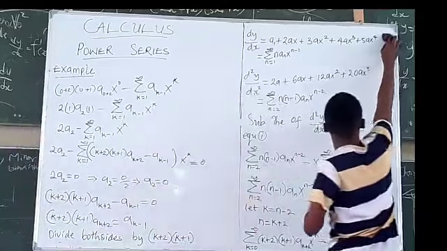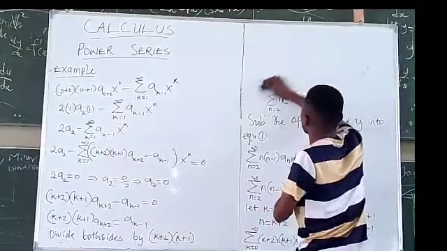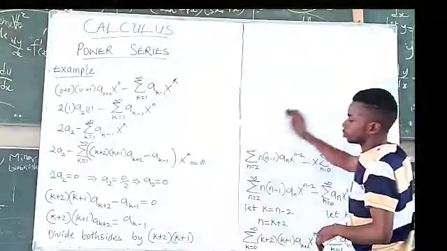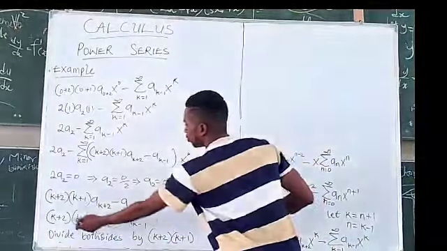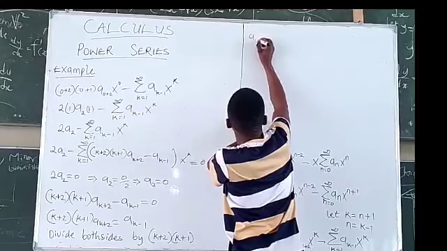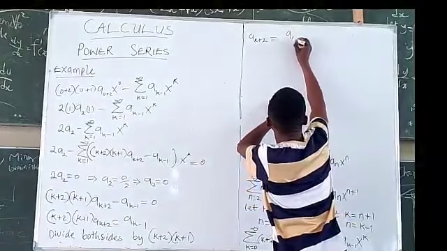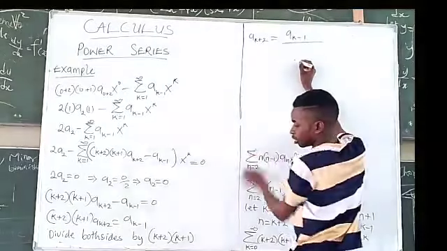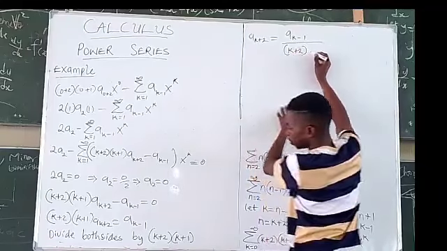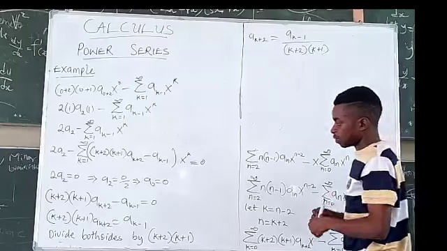We get a k plus 2 is equal to a k minus 1 all over k plus 2 bracket k plus 1.